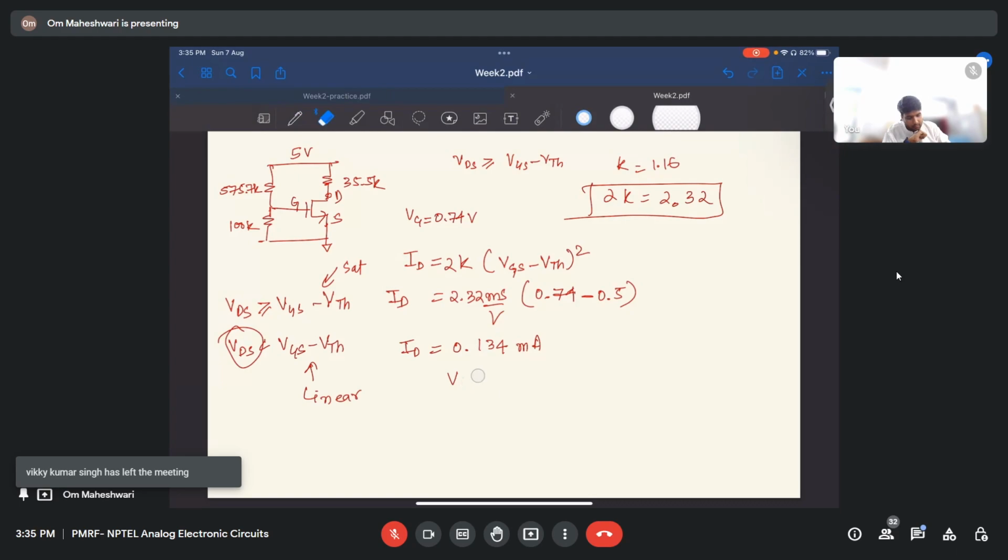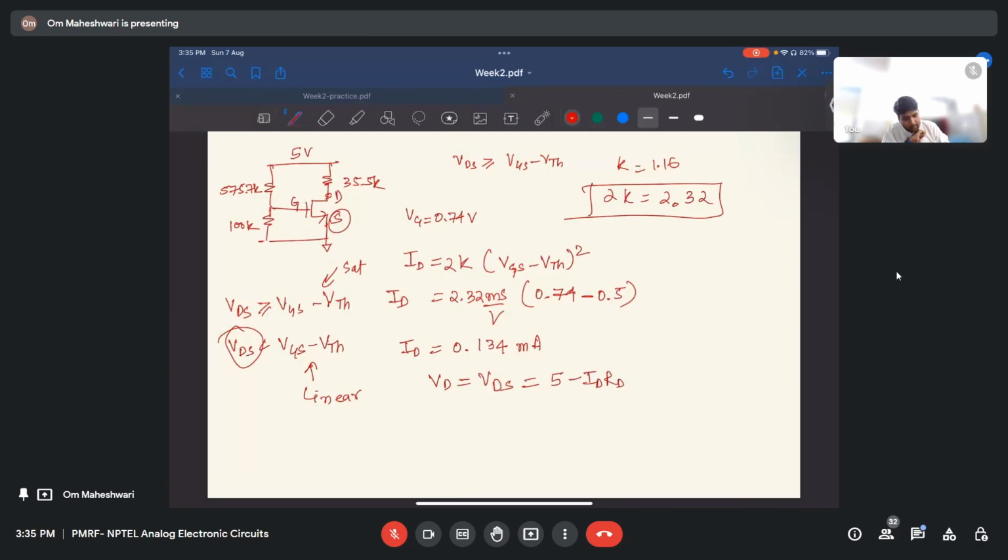VD equals VDS because VS is 0. So VD equals VDS equals 5 minus ID RD, which is 5 minus 0.134 into RD, 35.5. So it will come out to be 0.24 volts.